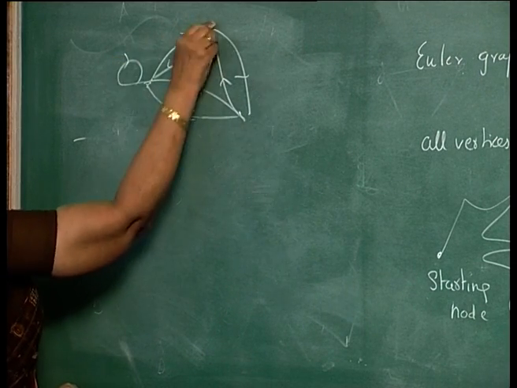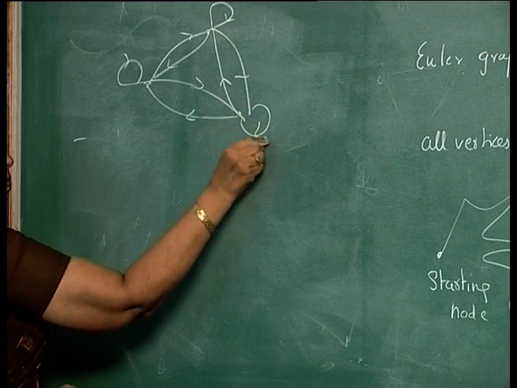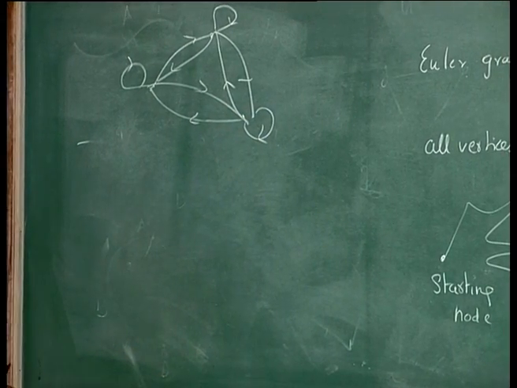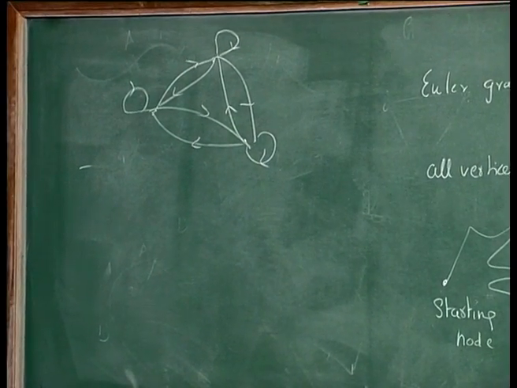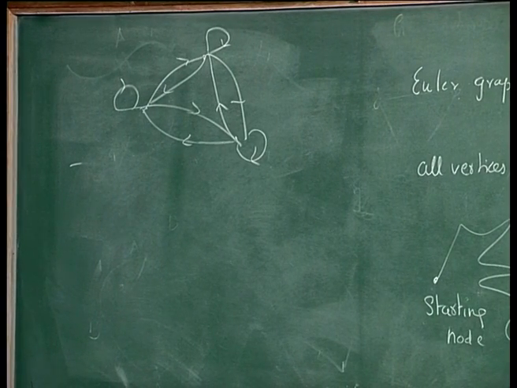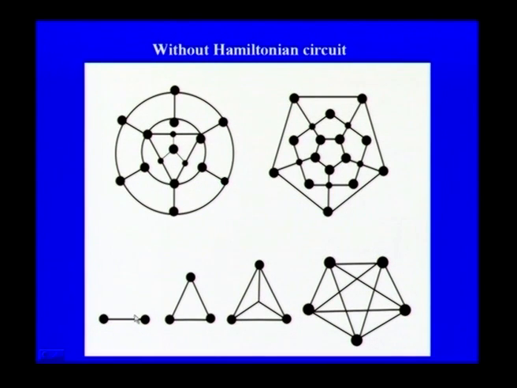In the case of an undirected graph, if every node is connected to every other node, it is called a complete graph. This is a complete graph with 2 vertices, with 3 vertices. With 4 vertices, this is a complete graph. This is a complete graph with 5 vertices. Every node is connected to every other node.